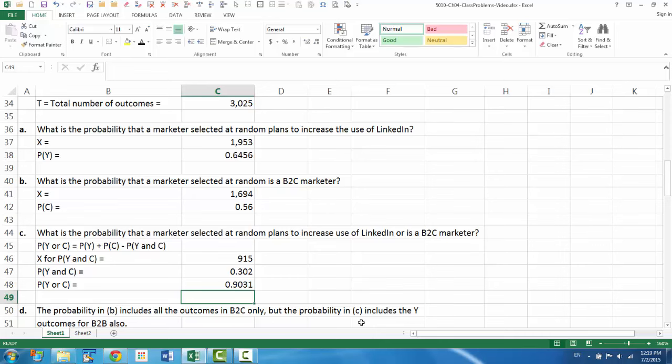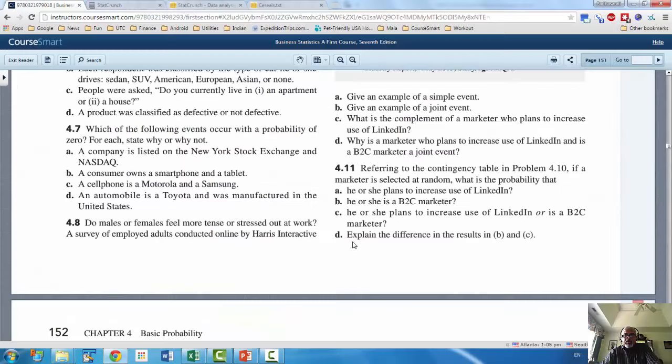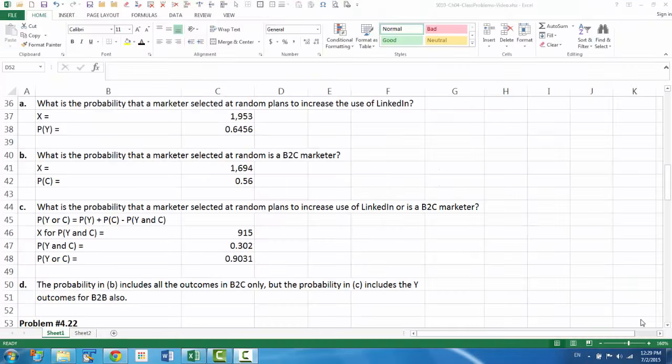Now what about D? D is, explain the difference in the results between B and C. B is the probability of only C, that is, the marketer is a B2C marketer.